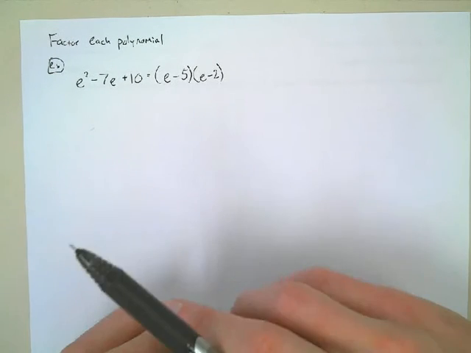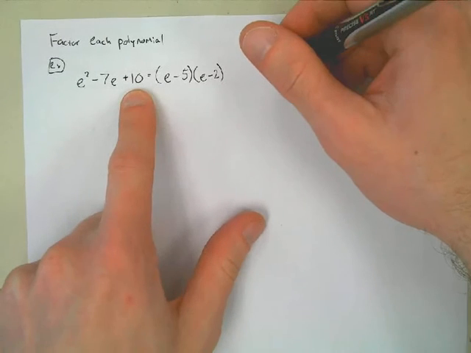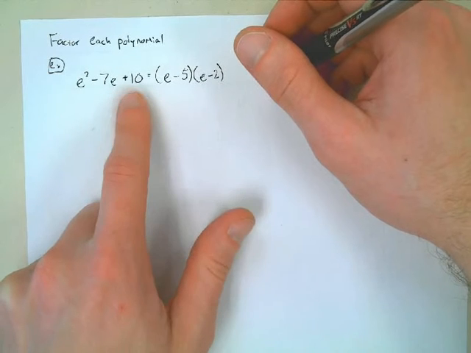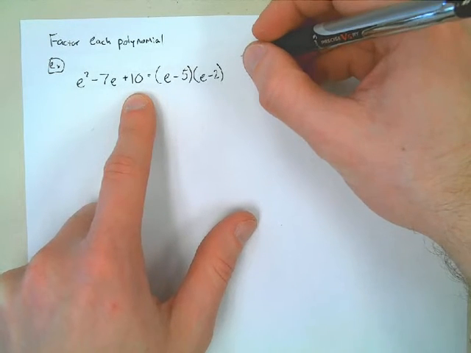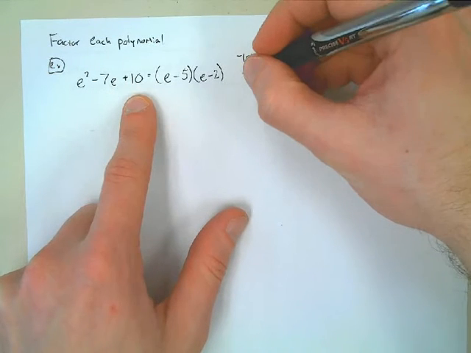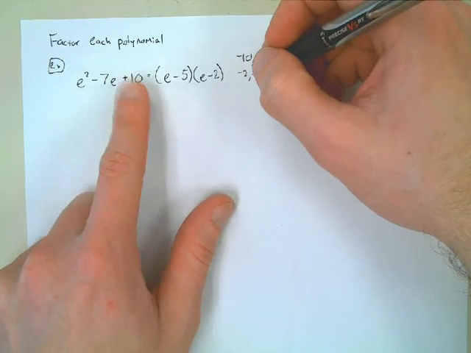It's still the same kind of principle. You've got to figure out two numbers that multiply and make 10. Now it's helpful, like Maria was saying, to see that we know they have to both be negative, so we just think of two numbers that multiply and make positive 10. We could say -10, -1, but they wouldn't add up to -7, but -2 and -5, the only other option, they do. They add up to -7 and they multiply and make positive 10. So there it is. Okay, good, that's right.